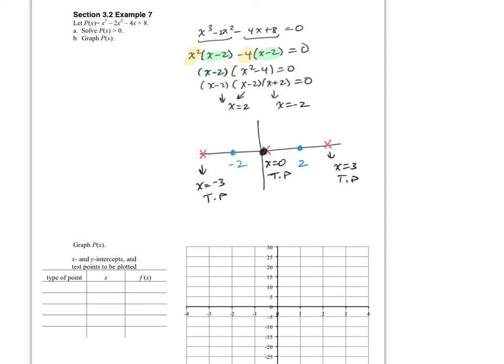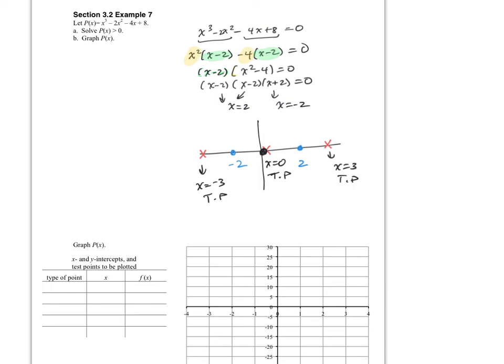Now, this one is a special case because you have a repeated solution, and we will go into more detail about repeated solutions in the coming weeks. For now, let's just do exactly the same thing we did in the previous two examples.